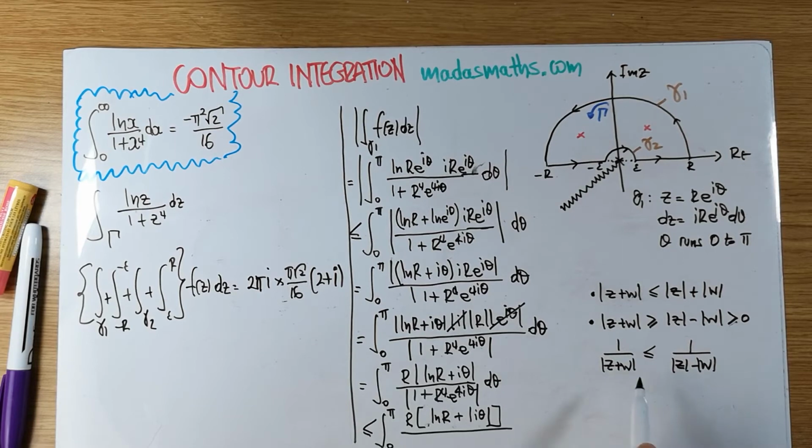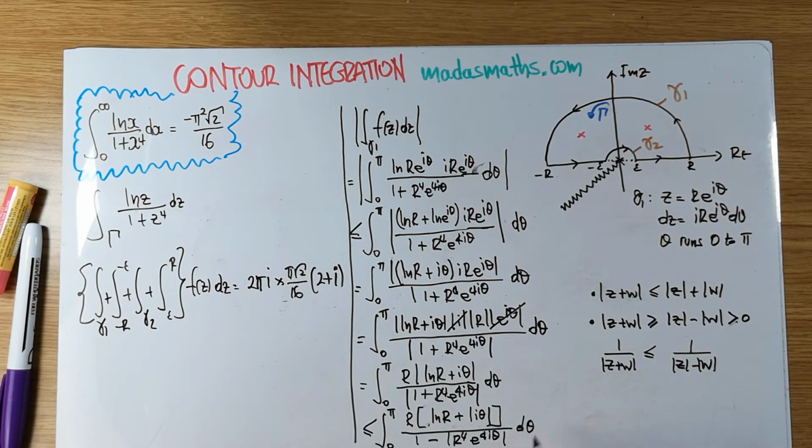And at the bottom, it doesn't really matter which one is your z and which one is the w, it is going to be, in this particular case, 1 minus mod r to the 4 e to the 4 i theta d theta.